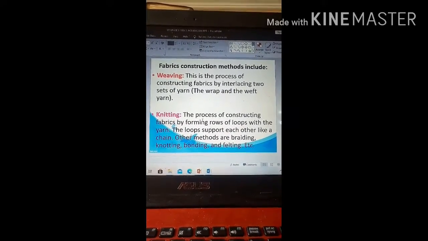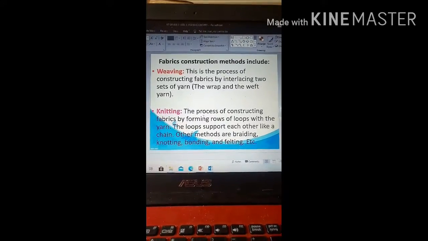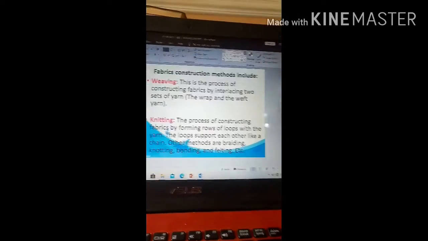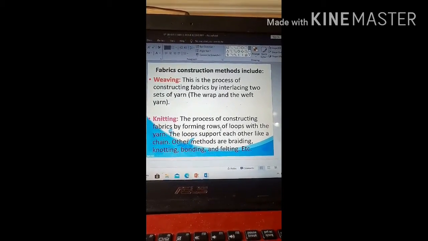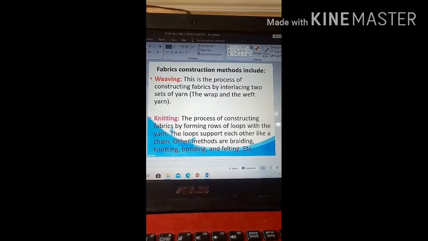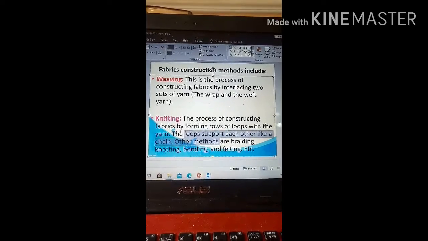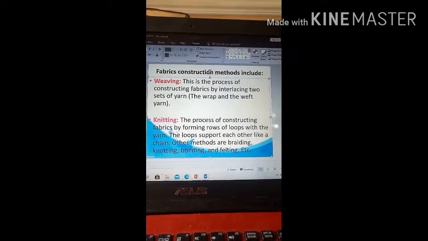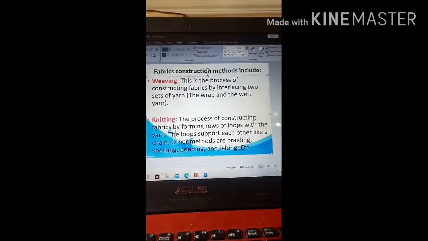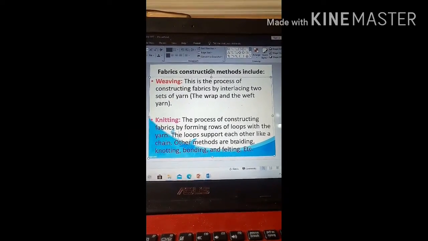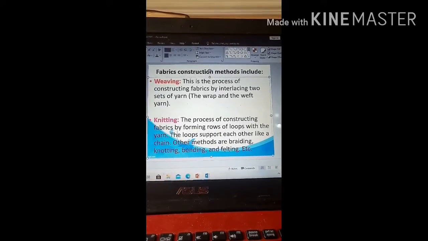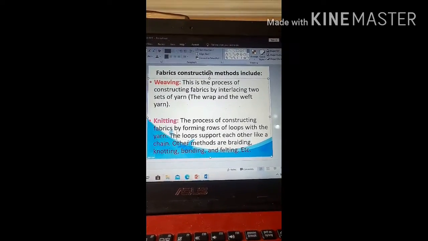Your head warmer is knitted. That is fabric making. So let's say knitting is the process of constructing fabrics by forming rows of loops with the yarn. Don't forget the yarn is like a rope. Then the loops support each other like a chain. Other methods of fabric making are braiding, knotting, bonding, and then felting.